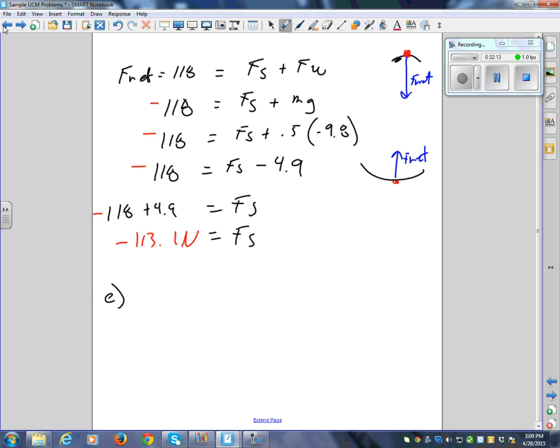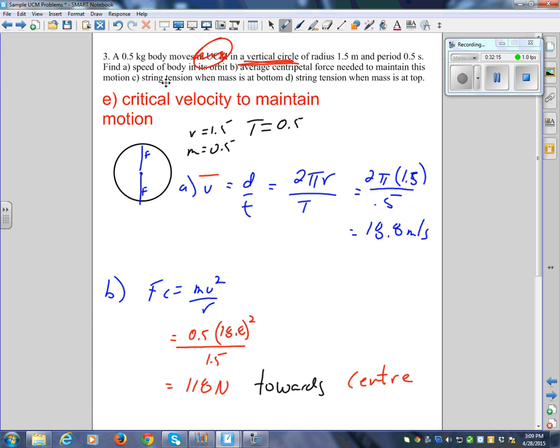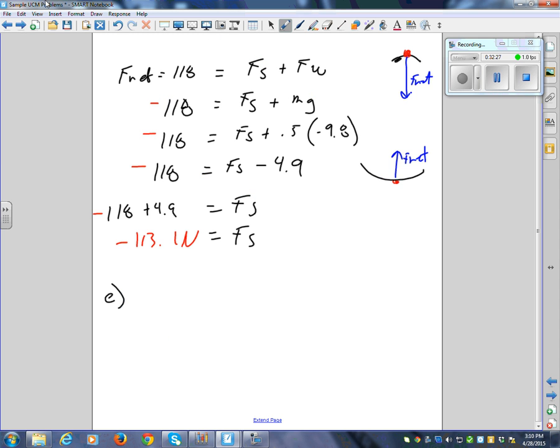Okay, so we know this object is going, we know the average speed is 18.8. What's the critical velocity in this case? I added that in there. Is it going to be more or less than 18.8? Less is right. What is the critical velocity? Square root of rg. The mass does not matter. What's my radius?